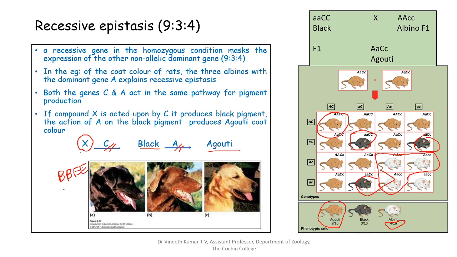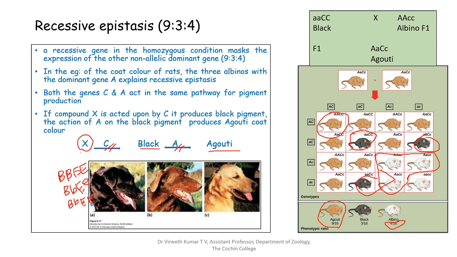The second possibility is capital B small b, which also will produce black, with capital E capital E, or it can be a heterozygote, capital E small e. And there is one more condition: this one heterozygote, black, and this homozygous capital E. So these three genotypes can give black color.